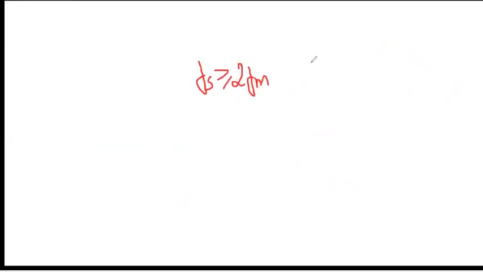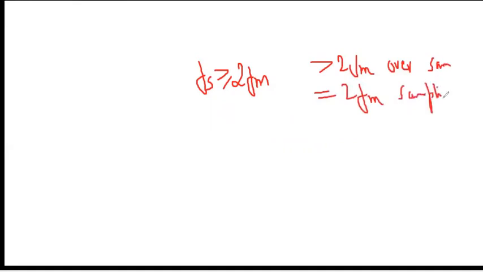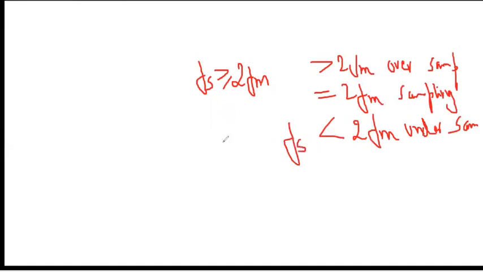Fs greater than 2Fm is oversampling, Fs equal to 2Fm is sampling at the Nyquist rate, and Fs less than 2Fm is undersampling. Undersampling causes the aliasing effect.